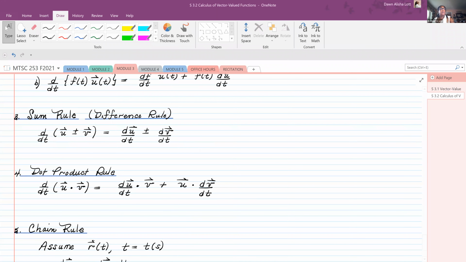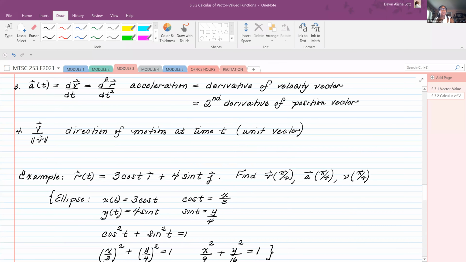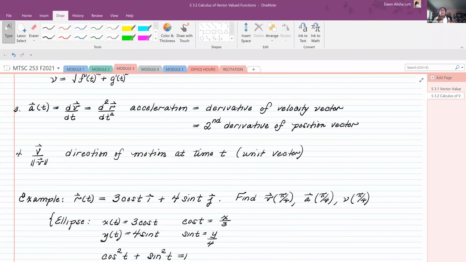I just want to go back to one thing and give this a name. I'm going to call this the unit tangent vector. So right here, I'm just going to slide that in.